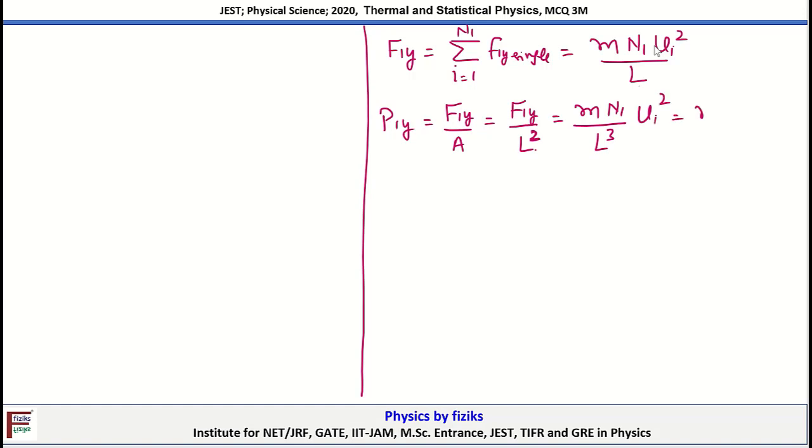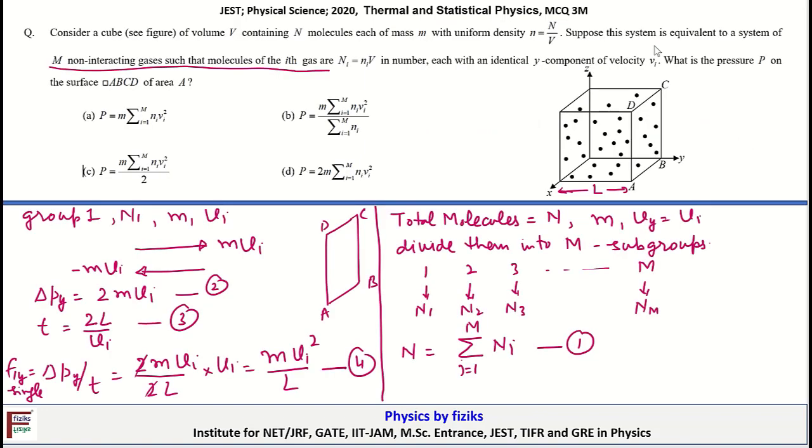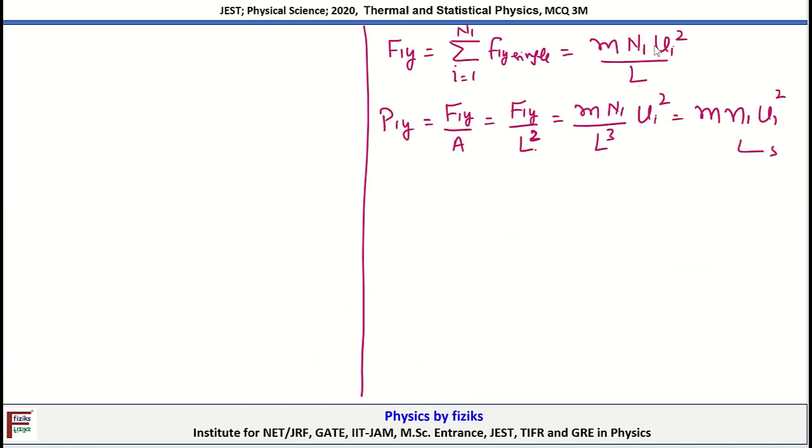So that is equal to m times small n1 into Vi square. Let's call this equation 5. Here we have made use of the result that capital N1 upon L cube, which is N1 upon V, is equal to small n1, the number density.